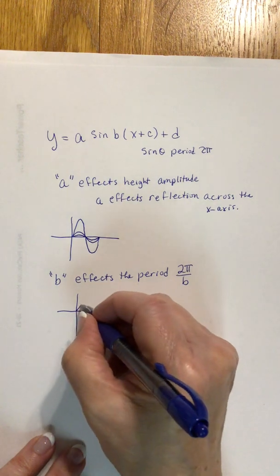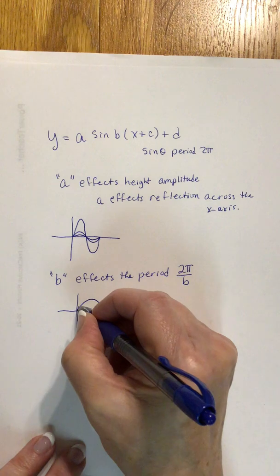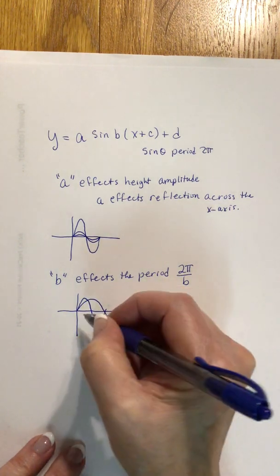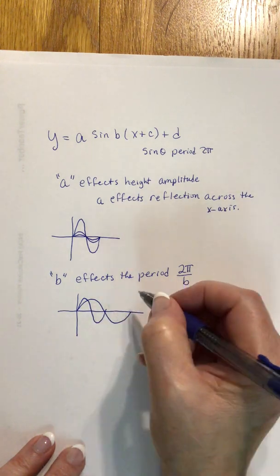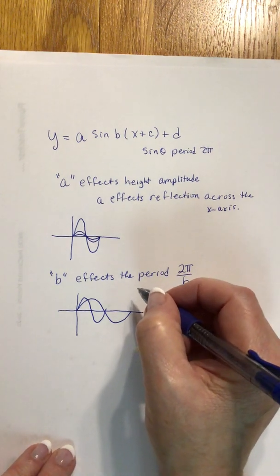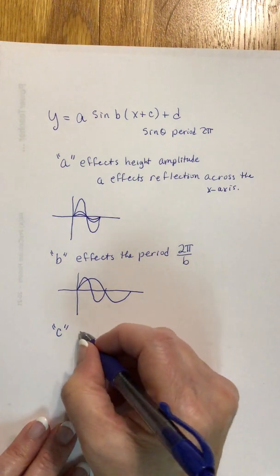Maybe my original sine function was like this. My new one might look something like this, because it squeezed it in. Or it may make it really long. So different ways of looking at it. So b affects the period. c affects the horizontal shift.